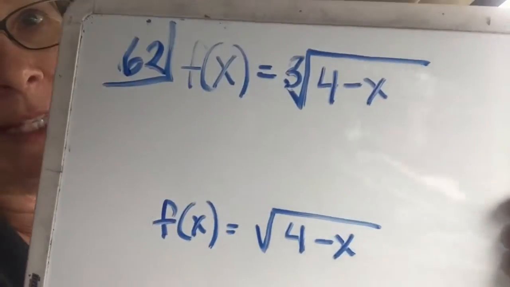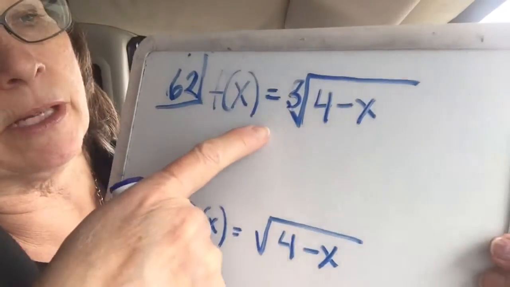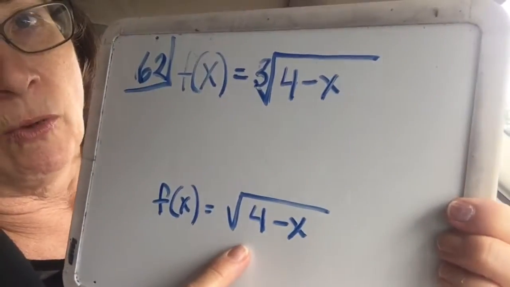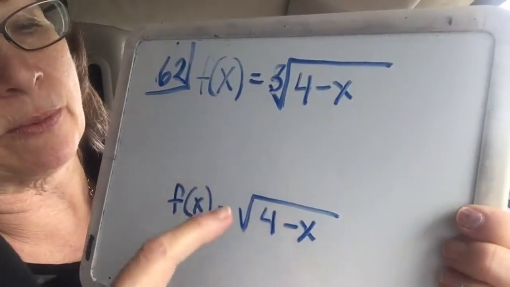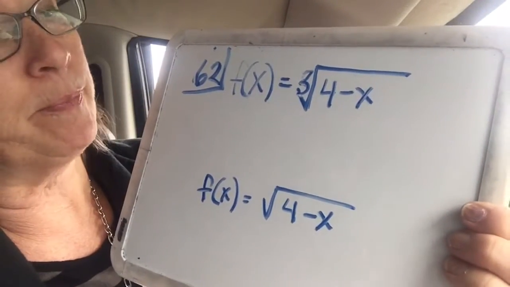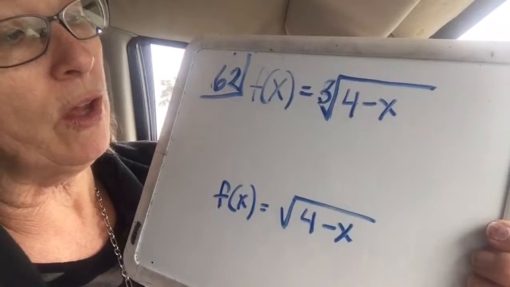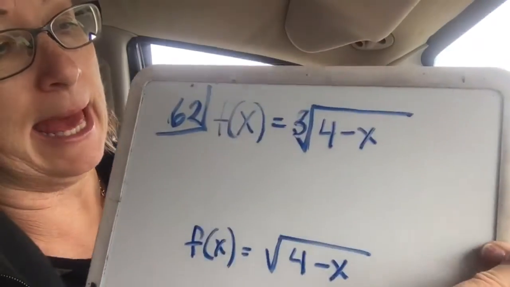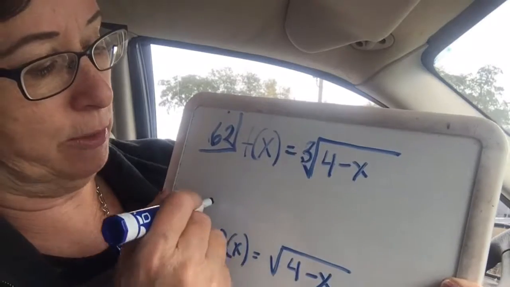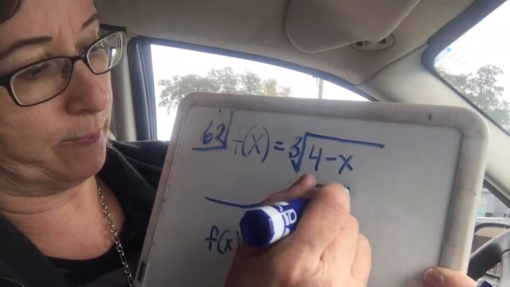Okay, we're going to talk about these two functions. One is a cubic root function that was actually in the textbook, and this one was just one I made that's like this one, but it's a square root function. The reason this is important, if you're finding your domain, is that a cubed root looks like this.